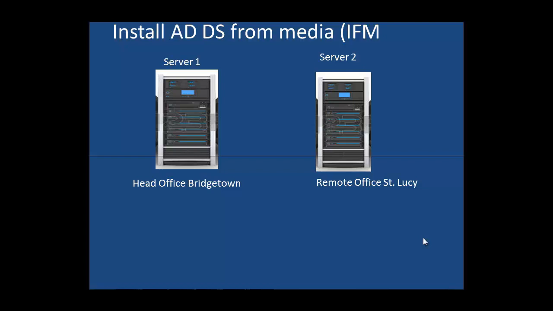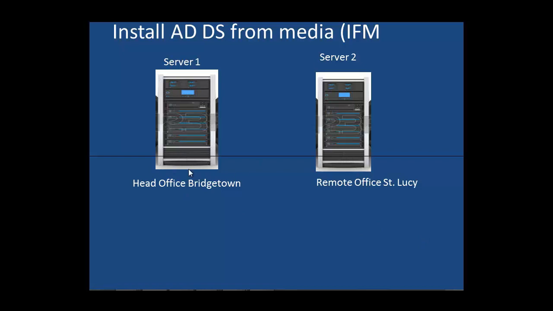In this lesson, we want to discuss installing Active Directory domain services using the command line NTDSUtil utility. We refer to this install as IFM, install from media. Let's take a look at our scenario. Here we have two servers, server 1 and server 2.